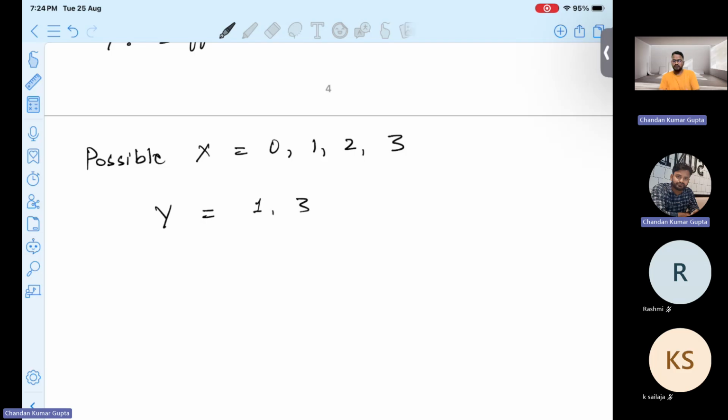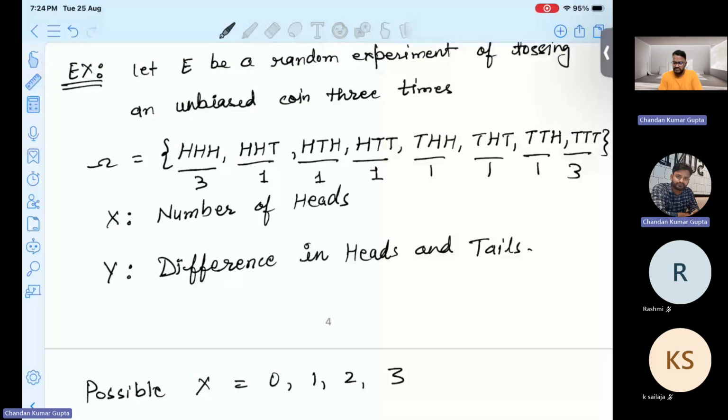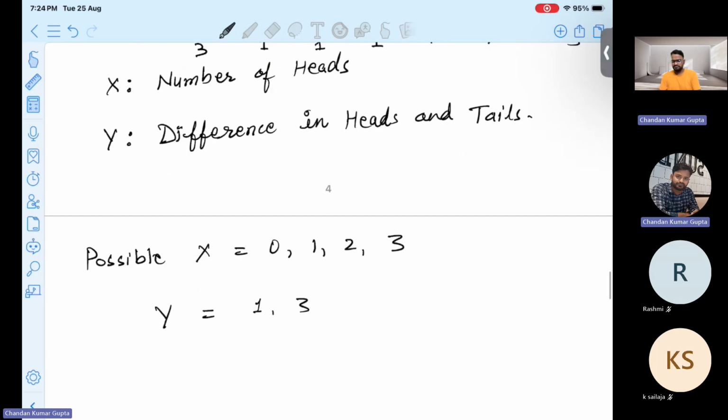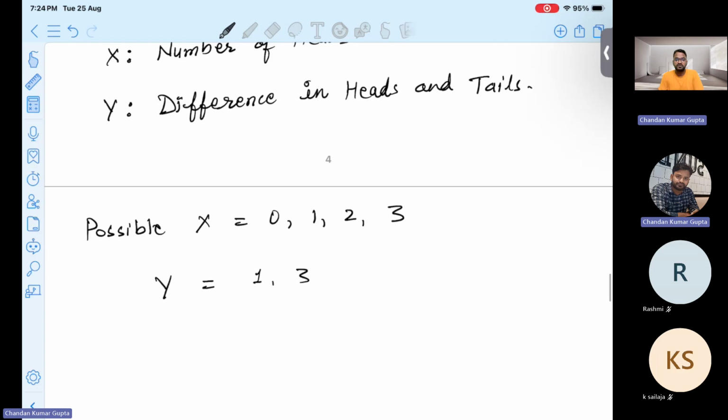Now we have a total of 4 possible values for the random variable X, and for the random variable Y we have 2 possible values. So obviously there are a total of 8 combinations possible. With the help of those 8 combinations, we have different sample values associated with them, and then we can frame the joint probability mass function for the random variables X and Y. So let's start to construct the table first.